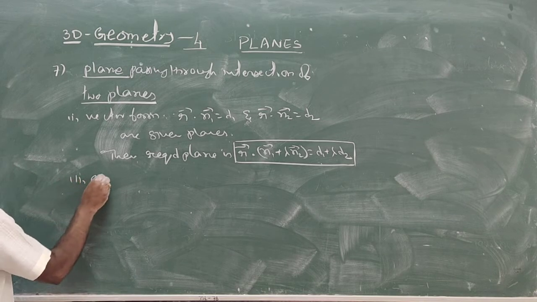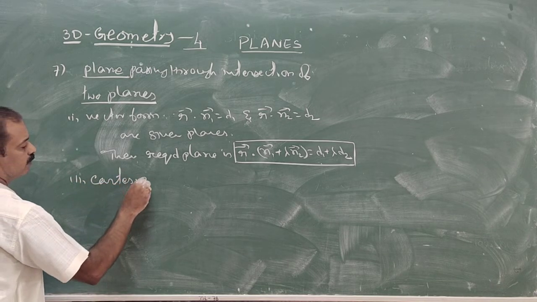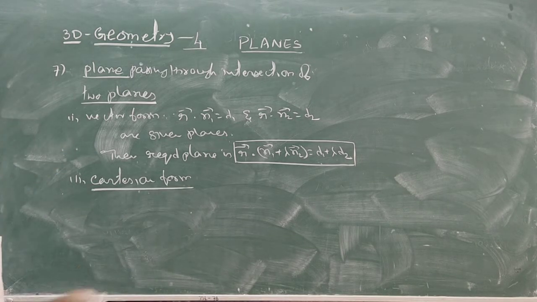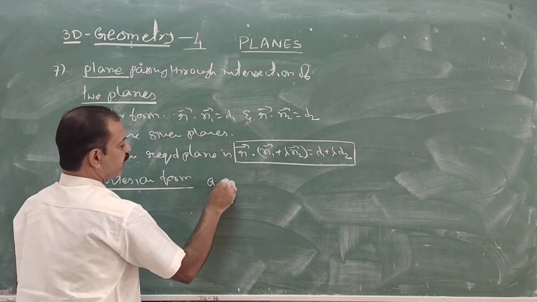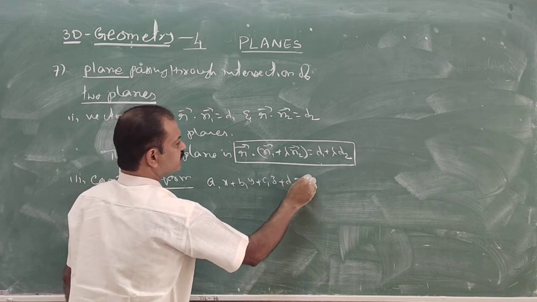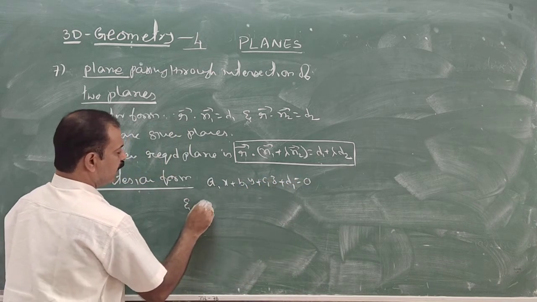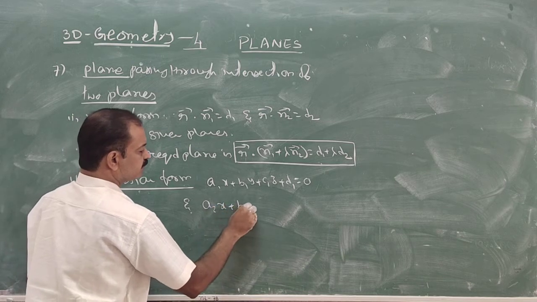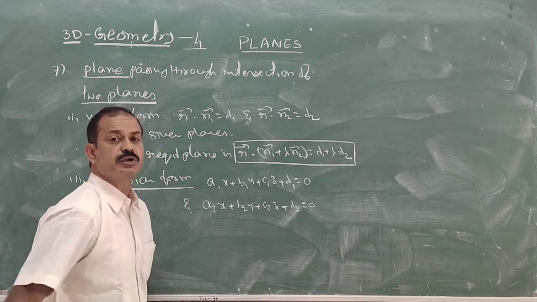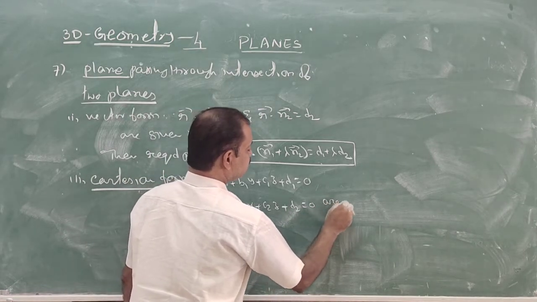In Cartesian form, a1x plus b1y plus c1z plus d1 is equal to 0 and a2x plus b2y plus c2z plus d2 is equal to 0 are the given planes.